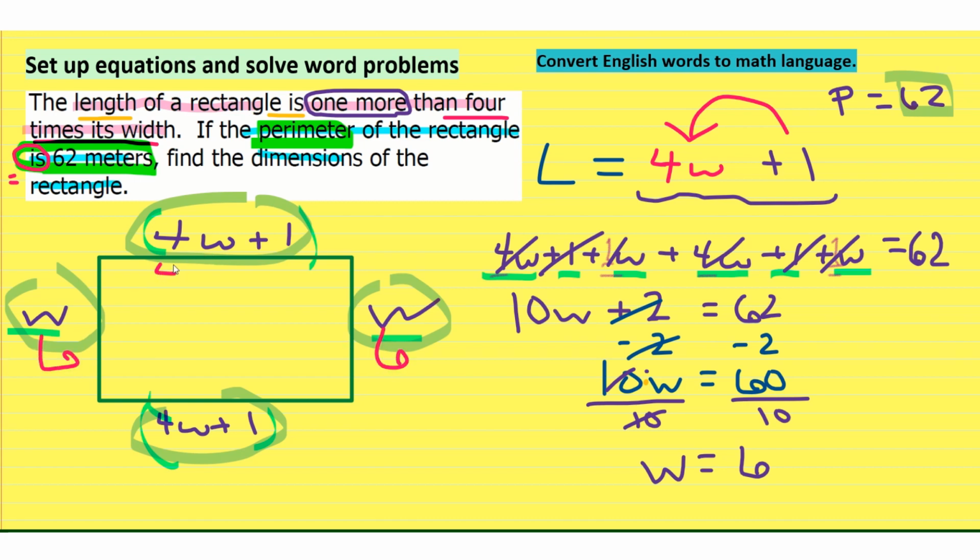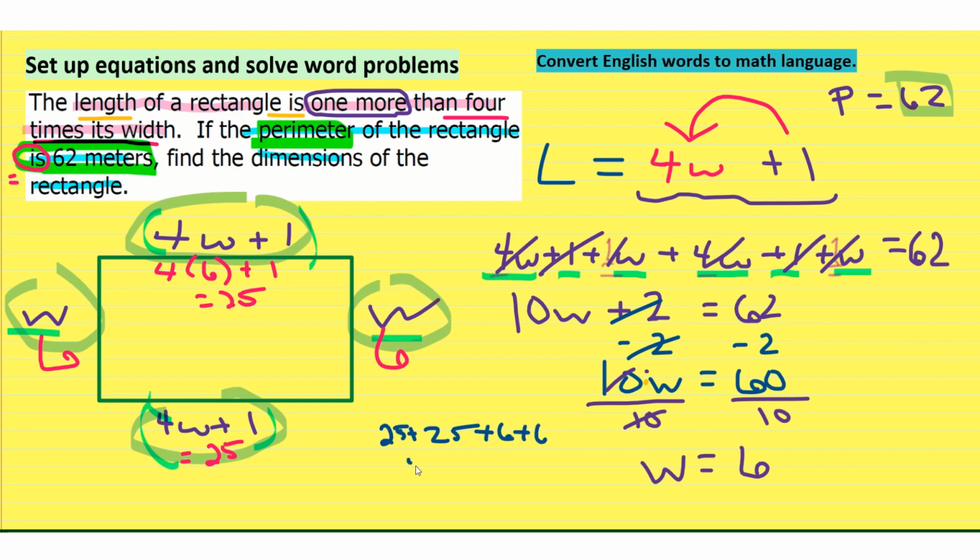And over here, 4 times the width of 6 plus 1. 4 times 6 is 24 plus 1 equals 25. So 25 is what both of my lengths should be equal to. And if I want to, I can double check that by adding all those up. I can do 25 plus 25 plus 6 plus 6.